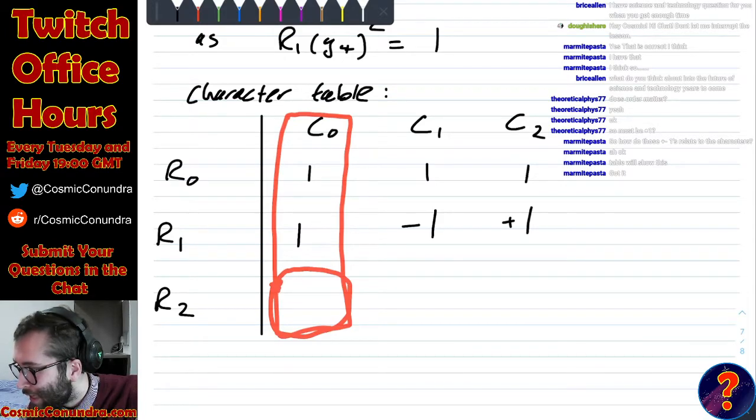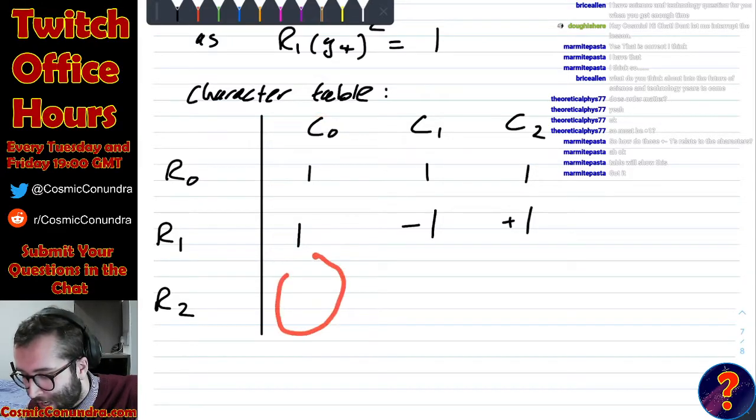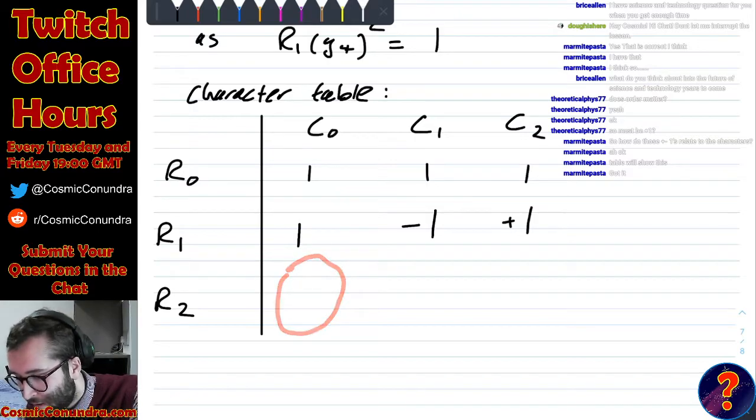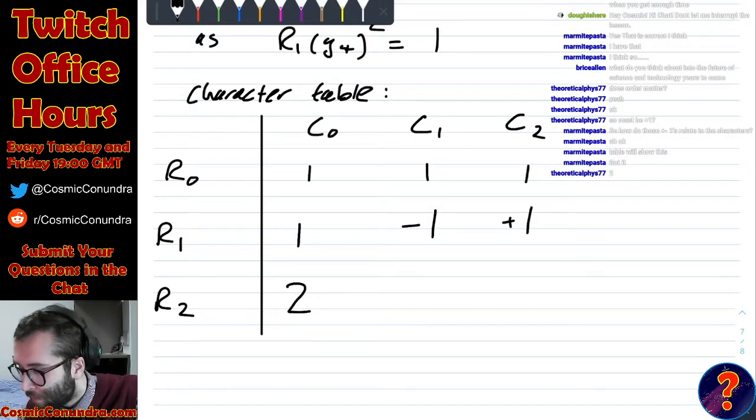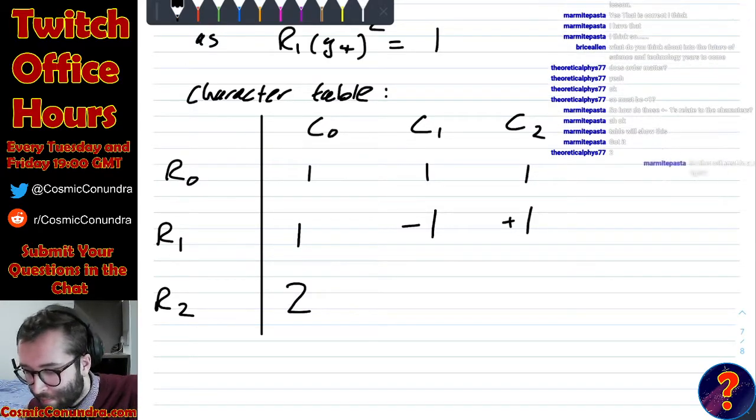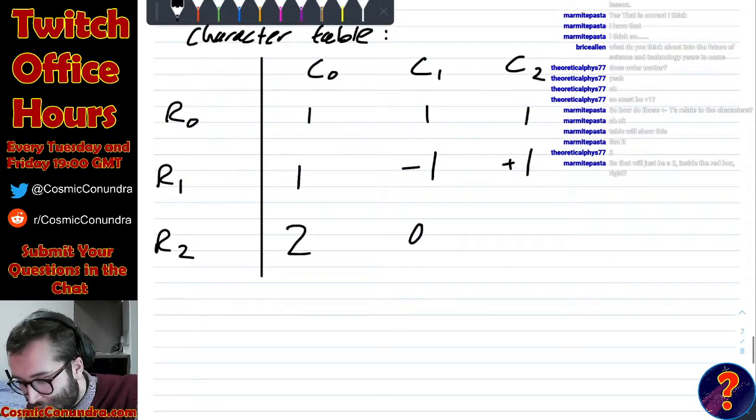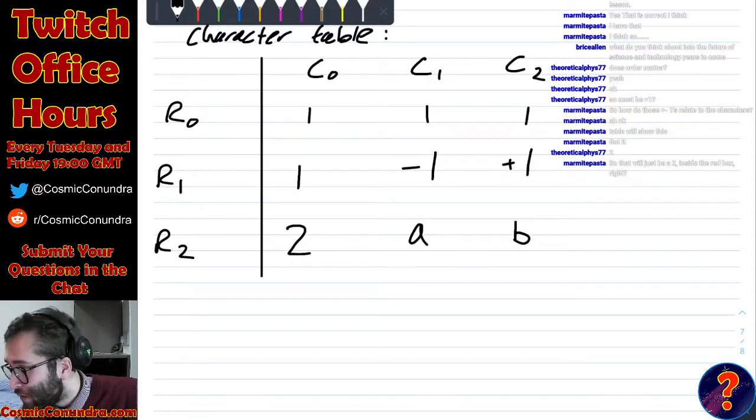Okay, that'll always be the case. The identity matrix is something you can always fill in, the representation of the identity. So the trace of that, character being the trace of that matrix, will be 2. Yeah, exactly. Okay. Then these other things we don't actually know. We're going to call them A and B. Yeah, it'll just be 2 inside the red box, exactly.